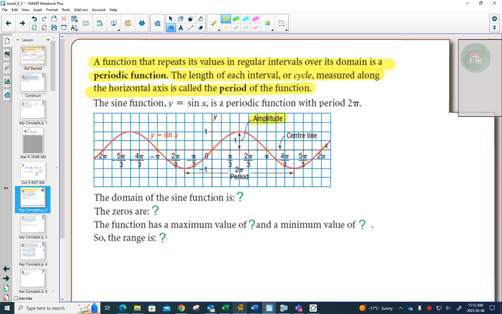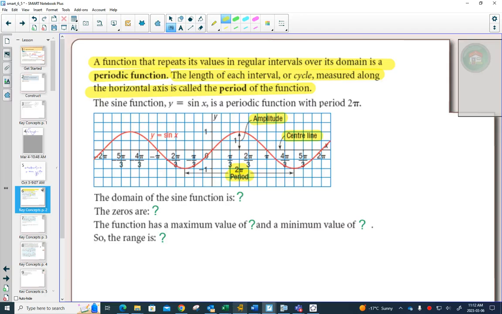On a sine and a cos graph, the distance from the center line to a maximum is called the amplitude. The center line is what is right in the middle of your graph. And the period of your sine graph is 2 pi.